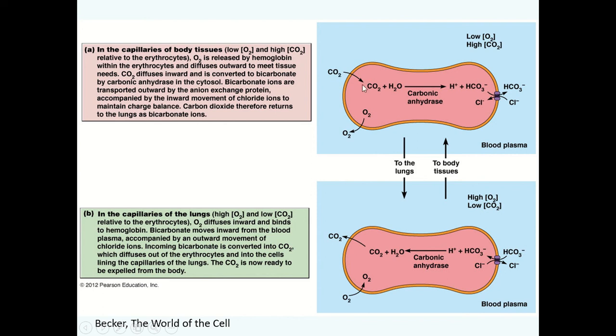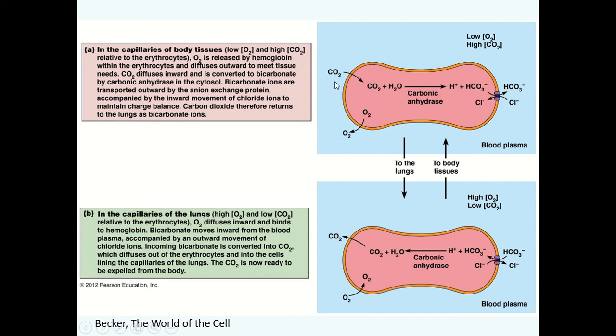When this carbon dioxide diffuses into the red blood cell, it is converted into carbonic acid by the enzyme called carbonic anhydrase. The enzyme carbonic anhydrase carries out a reversible reaction. It depends upon the relative concentration of carbon dioxide and bicarbonate ions. In the tissues, oxygen is given away.